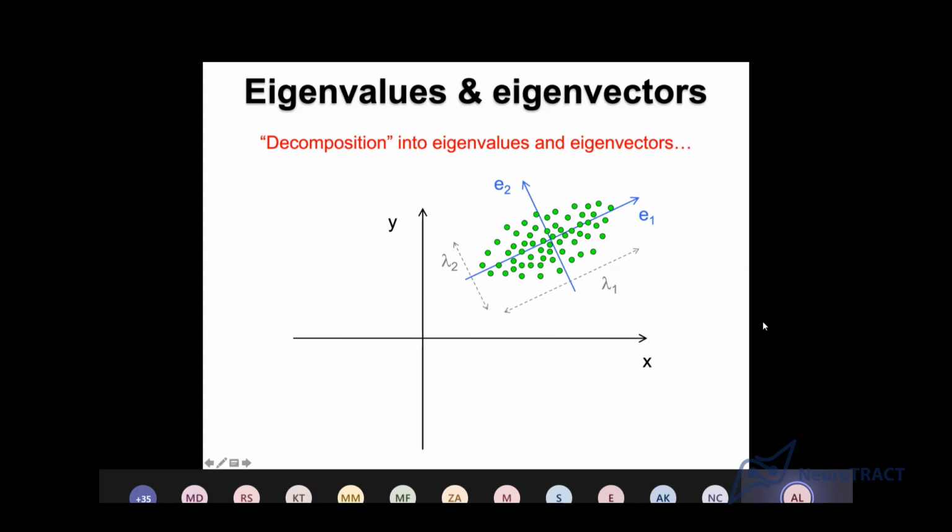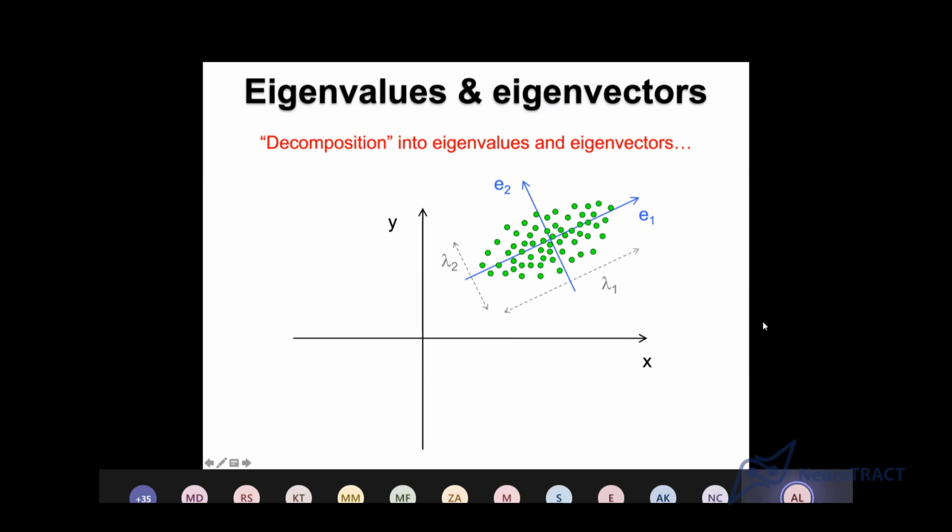Eyeballingly, it would look something like this. If I were to place a new coordinate system along these points like this, you can now appreciate that along the E1 axis, if I increase or decrease my position, it doesn't really increase or decrease the position at the E2 axis, right?